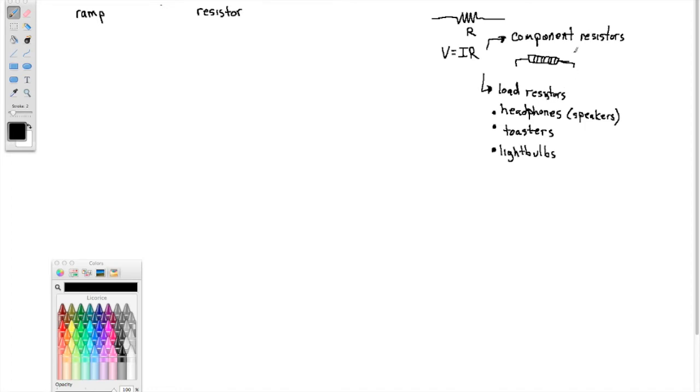And the component resistors help us change the voltage or the current in a circuit. If we're keeping with a maze, the component resistors are the changes in the maze. Here's the start. We go through this maze, and we ultimately get to our end prize, and here's the load resistor.